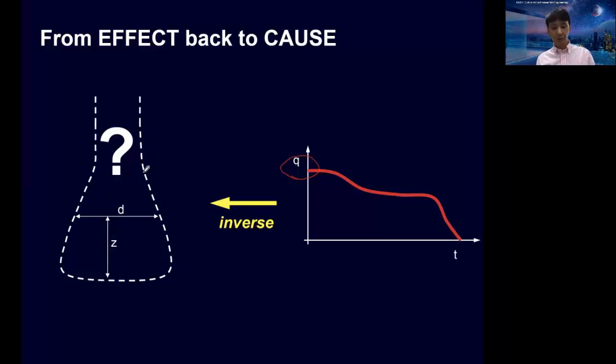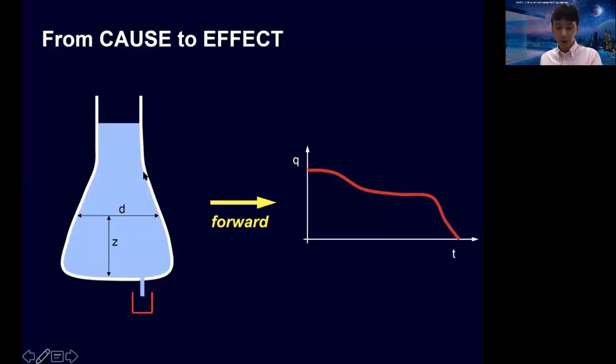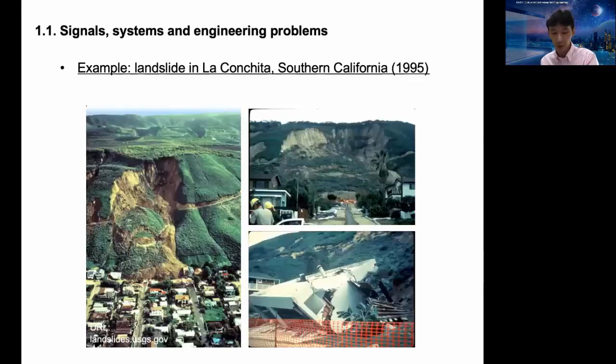So from effect back to cause, it's called the inverse modeling. And from cause to effect, it's called the forward modeling. So then if we go back to this landslide problem, if we know the heavy rainfall, like how much the rain is going to pour, and we know the system, so the slope of this mountain and the geology and bedrock depth or the strength of the soil, etc., that's going to be the system.